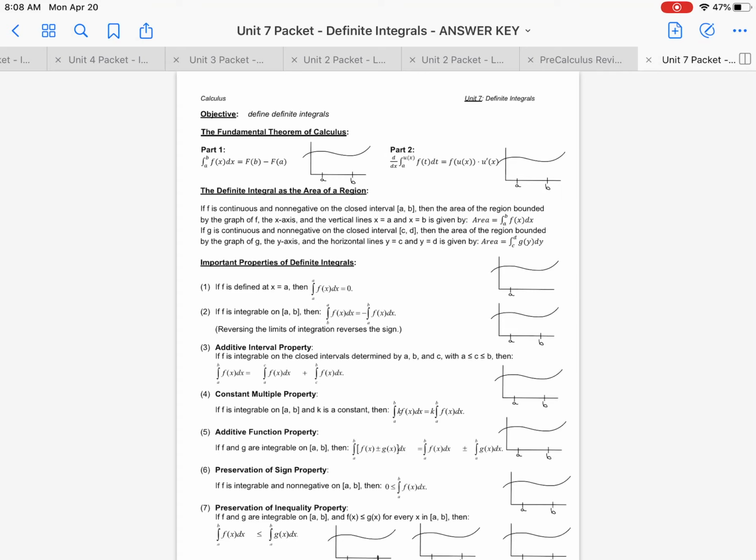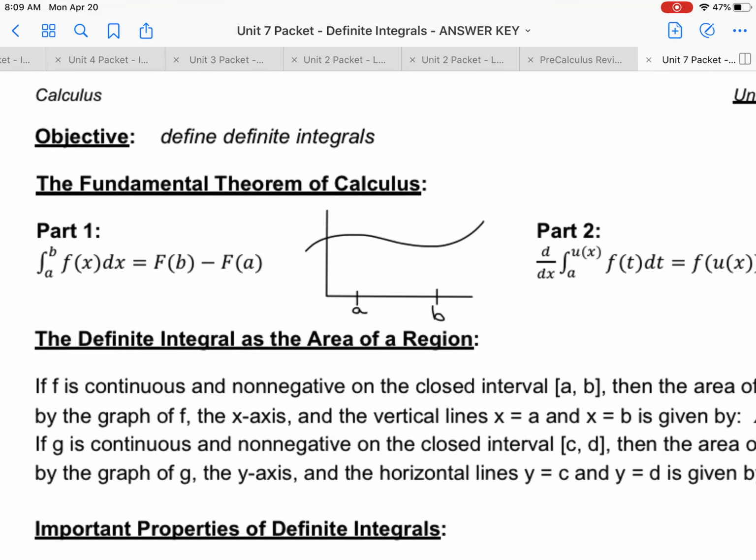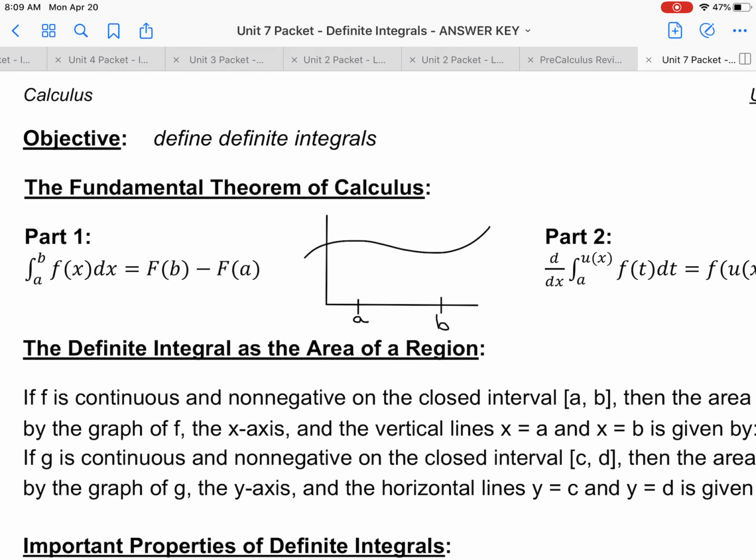So, I took the liberty of drawing several arbitrary curves, what I call arbitrary curves, over an interval from A to B. And I'm going to take a little time and just illustrate what each one of these properties actually represents when we're investigating this concept.